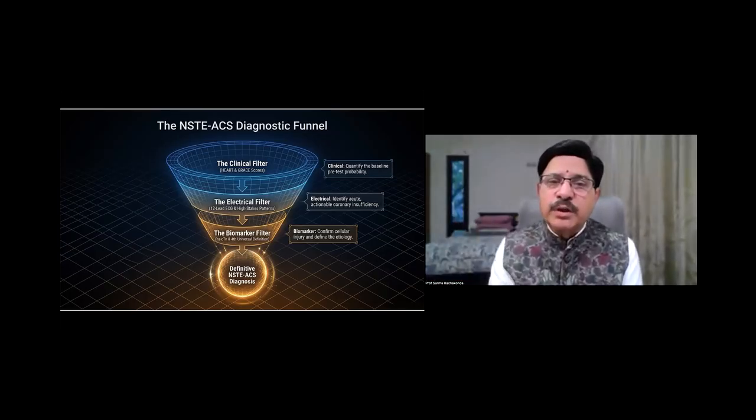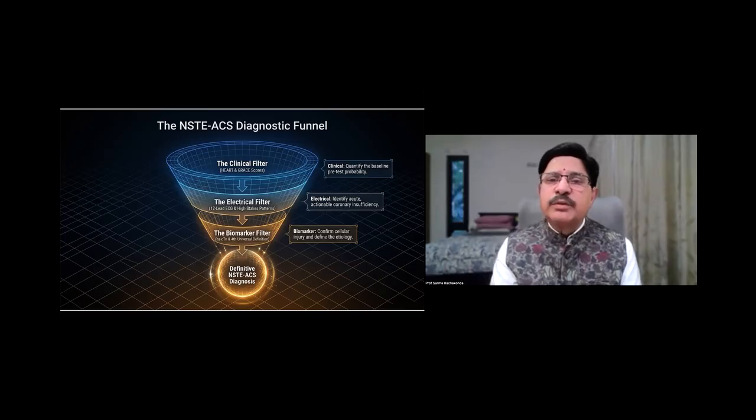What are the components of the HEART score? We will see. Then the GRACE score also we will see, to decide what sort of modality of reperfusion I will use. Then you use the electrical filter. Immediately within the first 10 minutes, you must get a 12-lead ECG, a high-stake test.